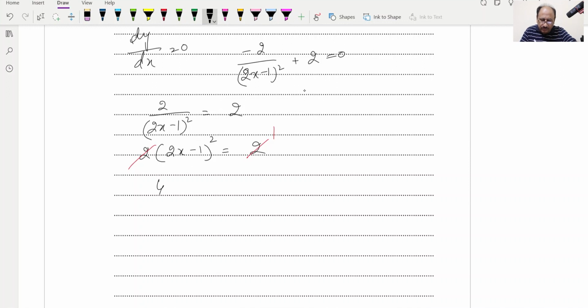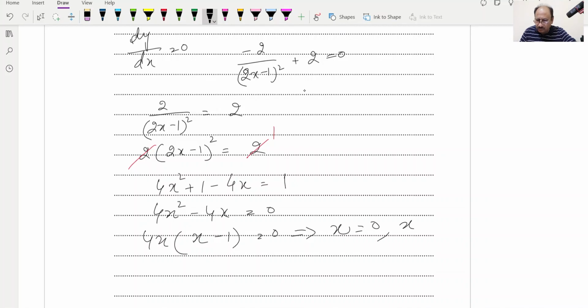Opening the square will result in 4x squared plus 1 minus 4x, is equal to 1, and we can shift this to the other side, so it will be 4x squared minus 4x is equal to 0. We can take 4x common, so inside will be x minus 1 equal to 0, and this implies x is equal to 0 and x is equal to 1.